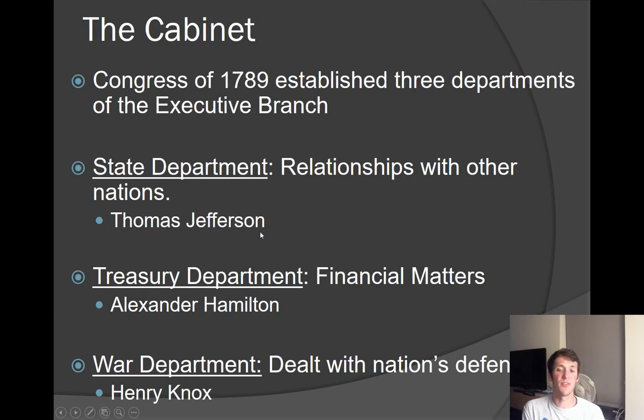Another thing that he's going to establish is the cabinet. Basically, he's going to push through Congress the establishment of the cabinet. He's going to set 3 real big departments initially. And the cabinet, if you remember, the idea is that the cabinet members are essentially going to be arms of the executive branch, right?